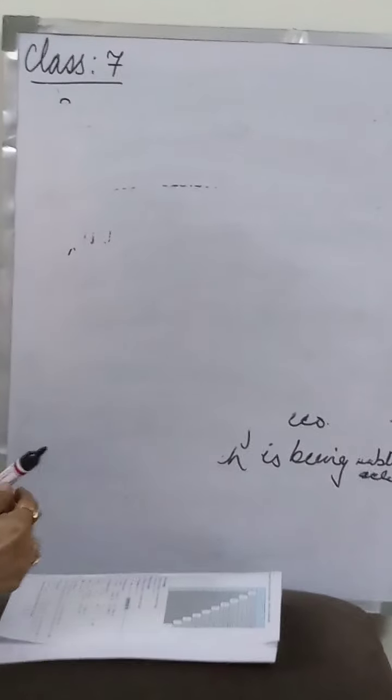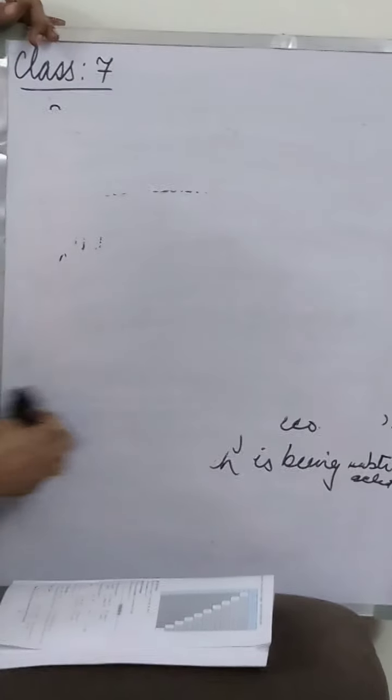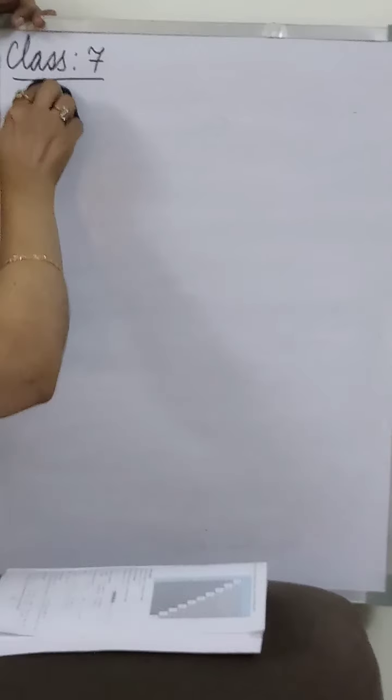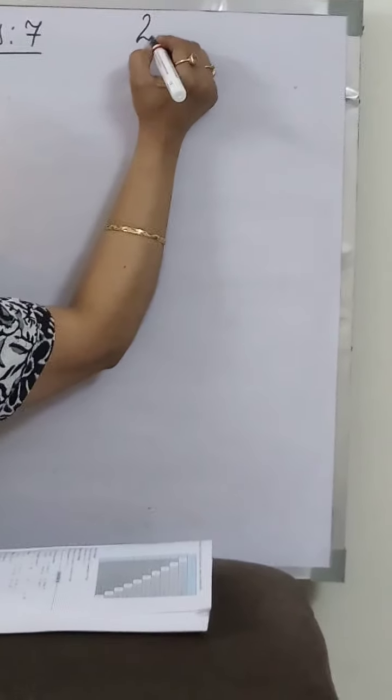Exercise 1b has 10 questions. We'll discuss up to question number 4 today, and then the rest we'll do tomorrow. This is the second session.